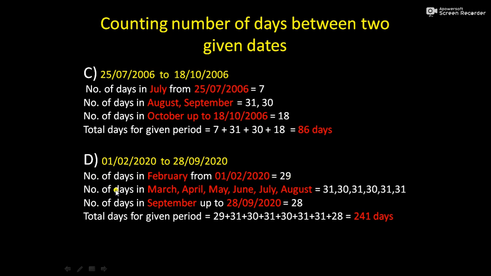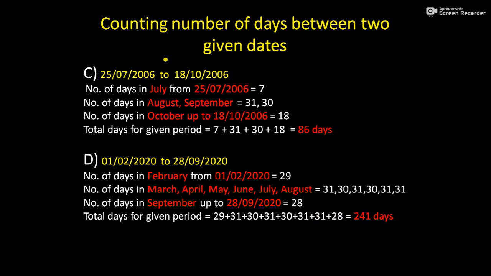Then the number of days in the months falling between February and September: these months are March, April, May, June, July, August, and their days are written here: 31, 30, 31, 30, 31, 31. And then the number of days in September up to 28th September is 28. So total days for the given period equals 29 plus 31 plus 30 plus 31 plus 30 plus 31 plus 31 plus 28 equals 241 days.